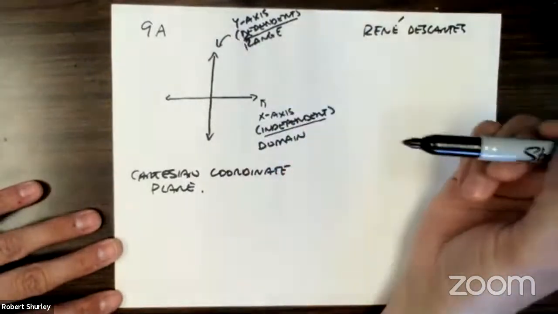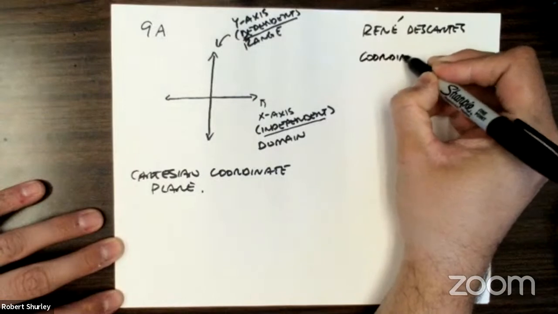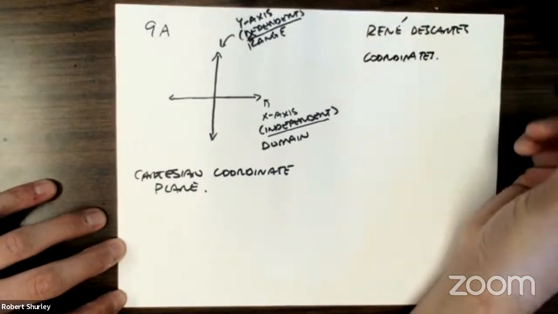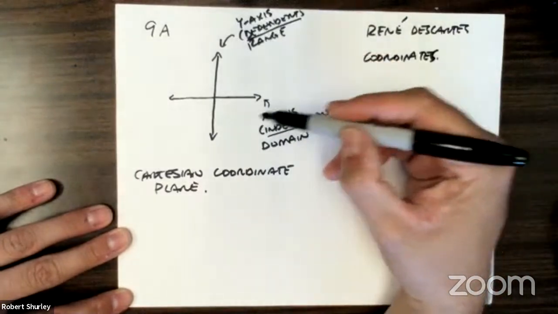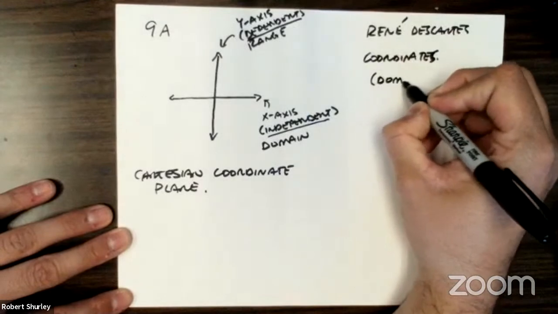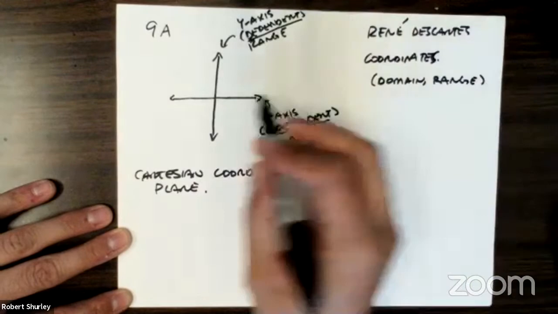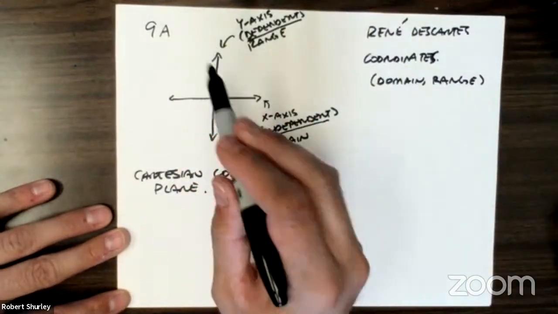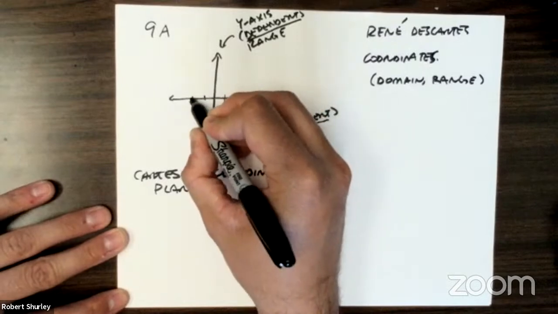Now, what's neat about the XY axis is that you have these coordinates, and they can be graphed. Okay, so a coordinate is going to have an x variable first and a y variable second. So really, it's going to go domain first, and then range second. Now, if we're looking just at a regular kind of numerical coordinate plane, we'll do some basic coordinates here.